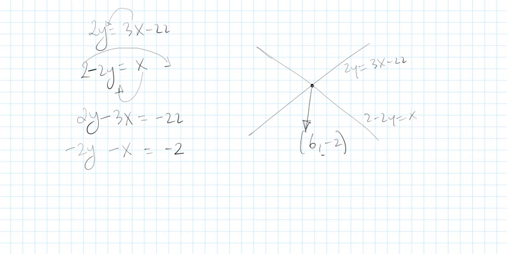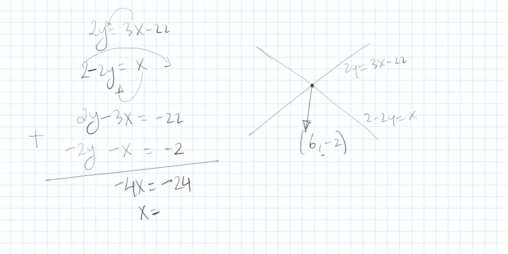Then you need to eliminate the y term. You can solve the simultaneous equation by using elimination, by adding the two equations. So if I add the two equations, 2y minus 2y cancels out, minus 3x plus minus x, which is minus 4x, is equal to minus 22 minus 2, that's minus 24.